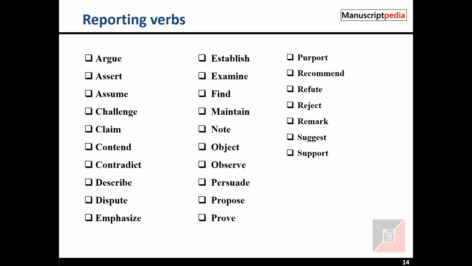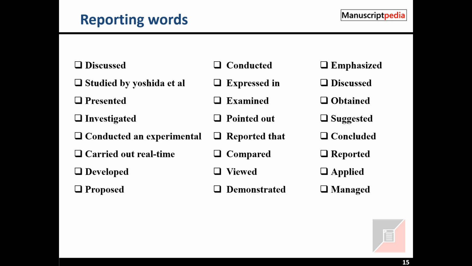Such reporting words you can use between sentences to give a comment or suggestion, and you can use reporting words like Daniel discussed, Kumar studied, Sarath presented, investigated, conducted, expressed in, examined, pointed out, reported, compared, viewed, demonstrated. Such reporting words you can use to give flow to every article. While you are writing, the connection between sentences must be there.